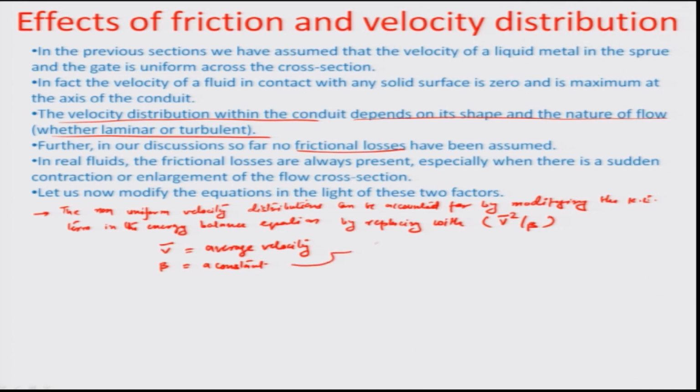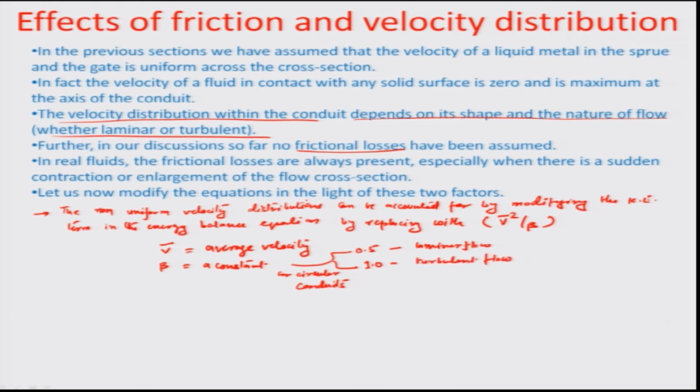Beta can be treated as 0.5 for the laminar flow. Okay. So, this is for circular conduits. So, this is for the laminar flow case further. And it can be treated as 1.0 for turbulent flow in circular conduits.